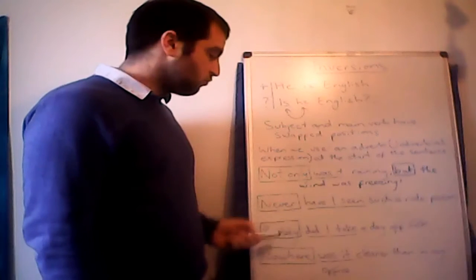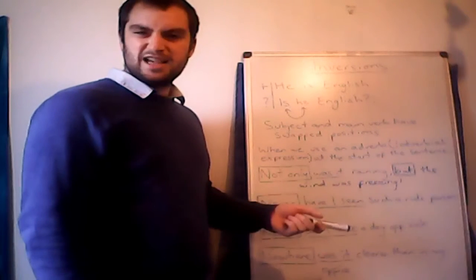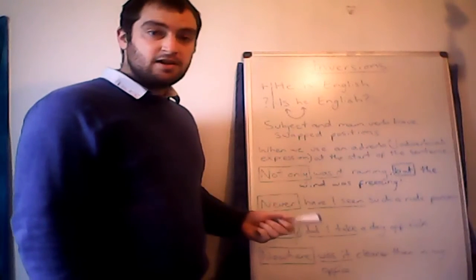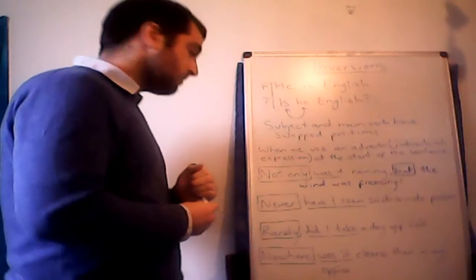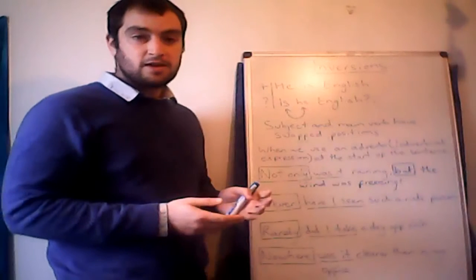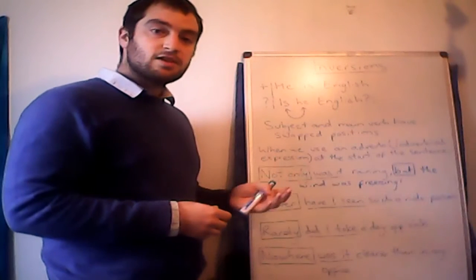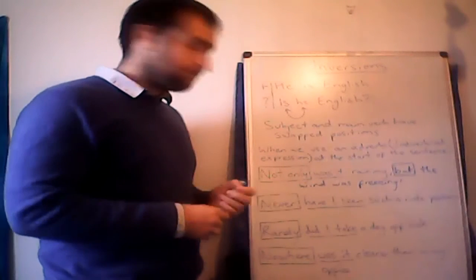If I said, rarely took I a day off sick, it wouldn't sound good. So if we're using the past simple or the present simple, just the same way as with questions, we have to use the auxiliary do or did.